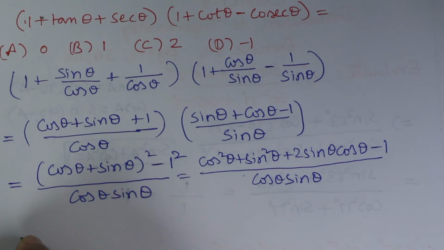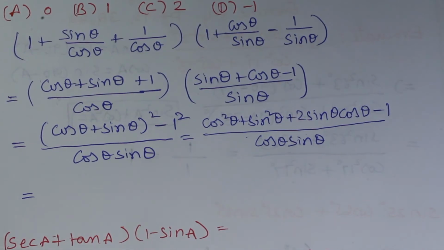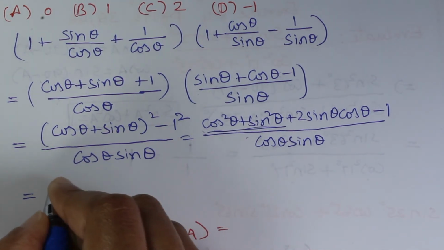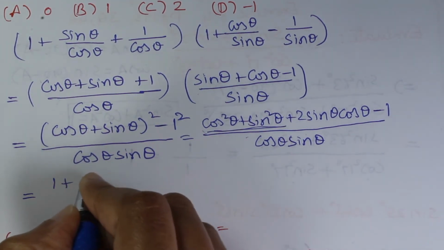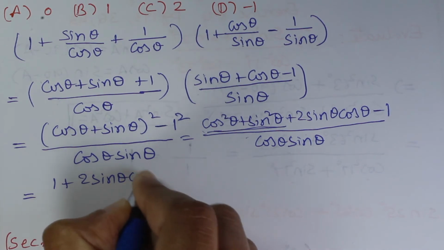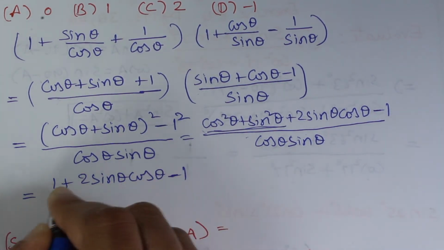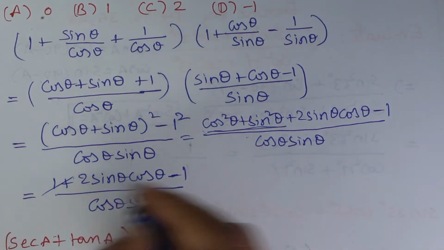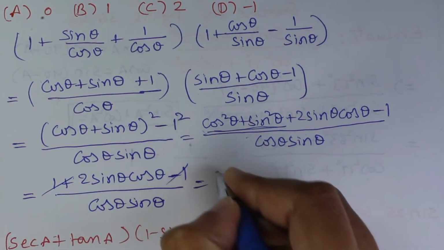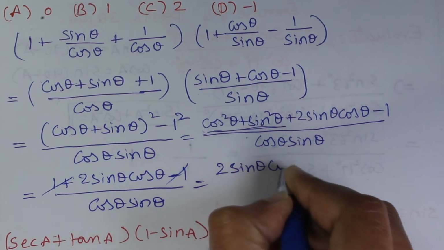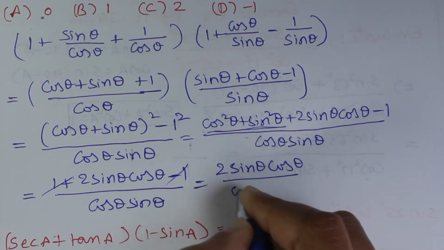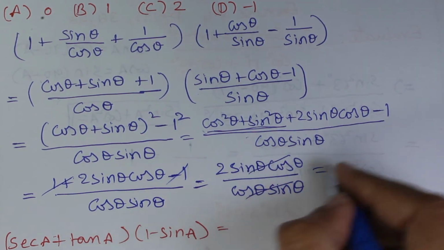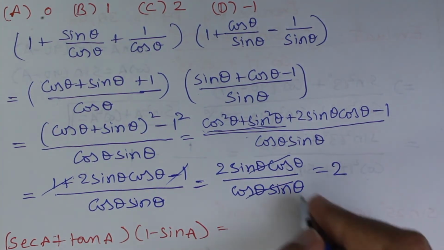Okay, cos square theta plus sin square theta is 1. 1 plus 2 sin theta cos theta minus 1 divided by cos theta sin theta. So 1 gets cancelled. That is equal to 2 sin theta cos theta divided by cos theta sin theta. That is equal to 2. So the answer is C.